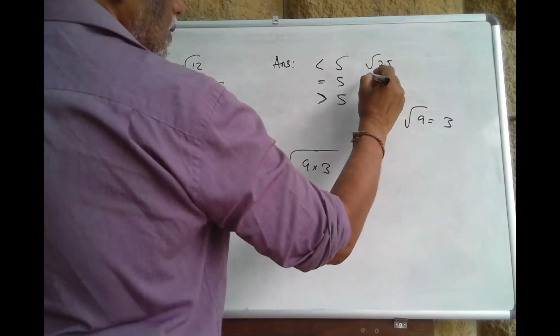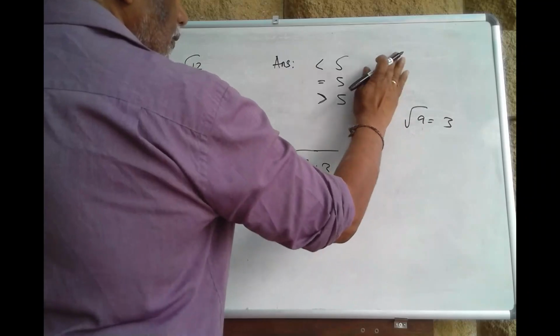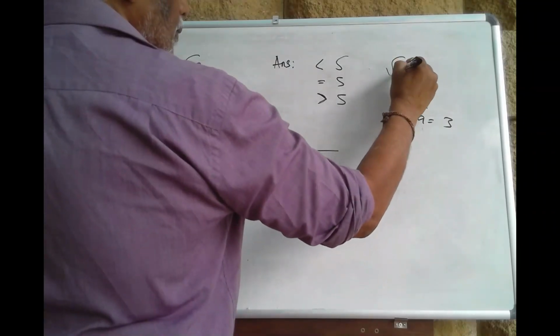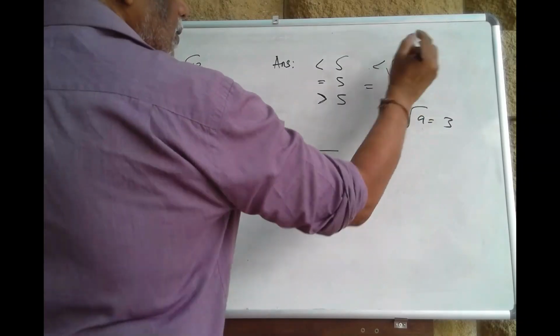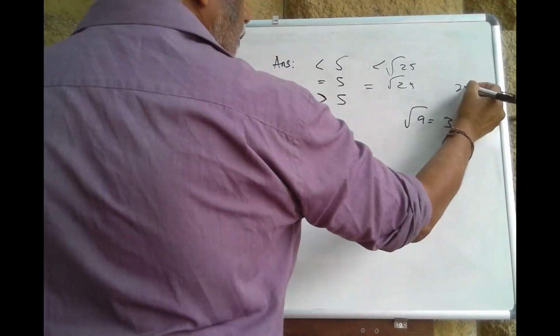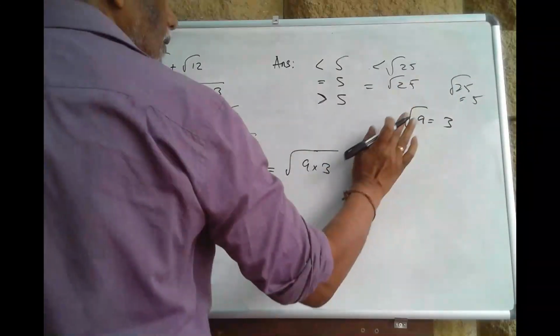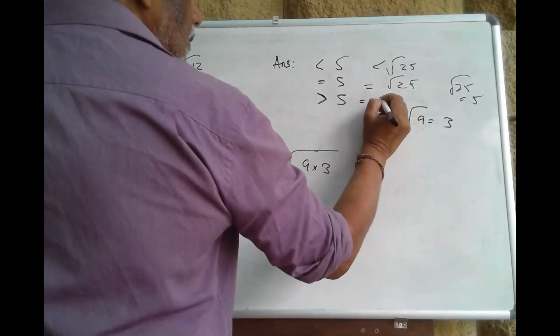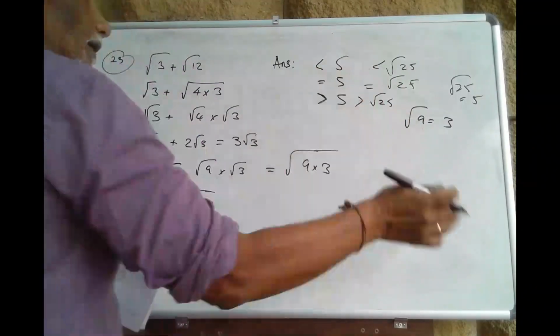Also, we can write it like less than root 25, or equal to root 25, because the root of 25 is equal to 5. And another one I can write is more than root 25. So instead of writing 5, I can write root 25.